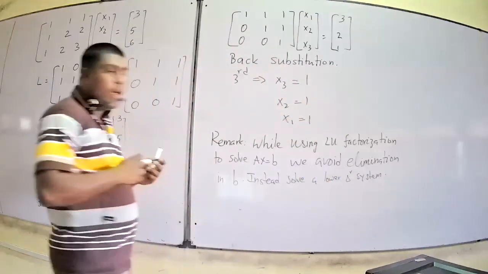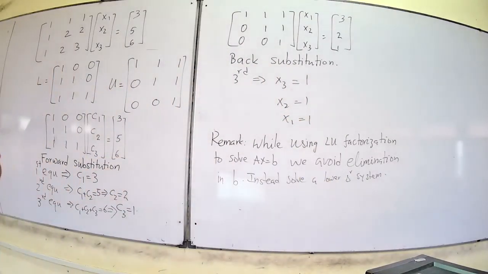In the LU factorization, this is the difference. When you solve by using LU factorization, you avoid using the elimination in B. Instead, you solve an LU factorization matrix system. In a way, for larger size matrices this will reduce the amount of computation.